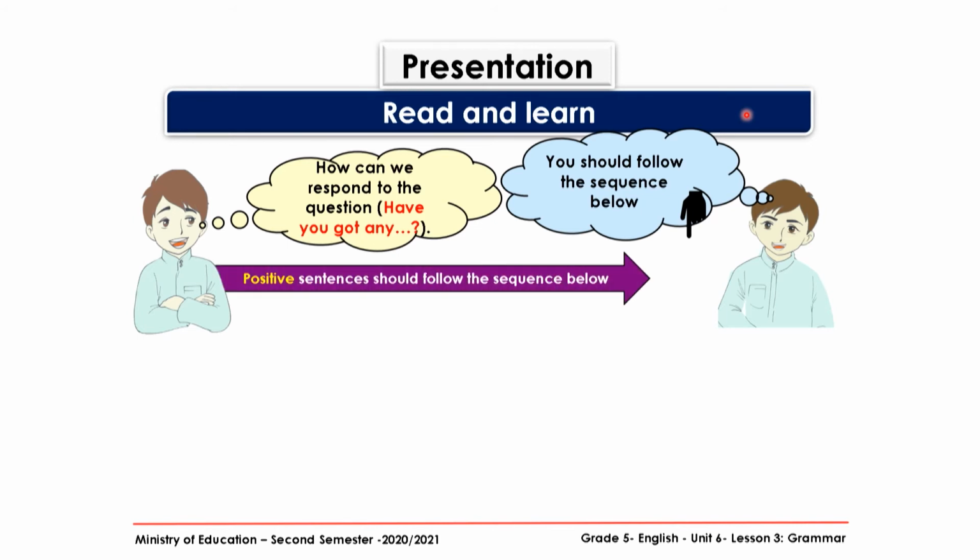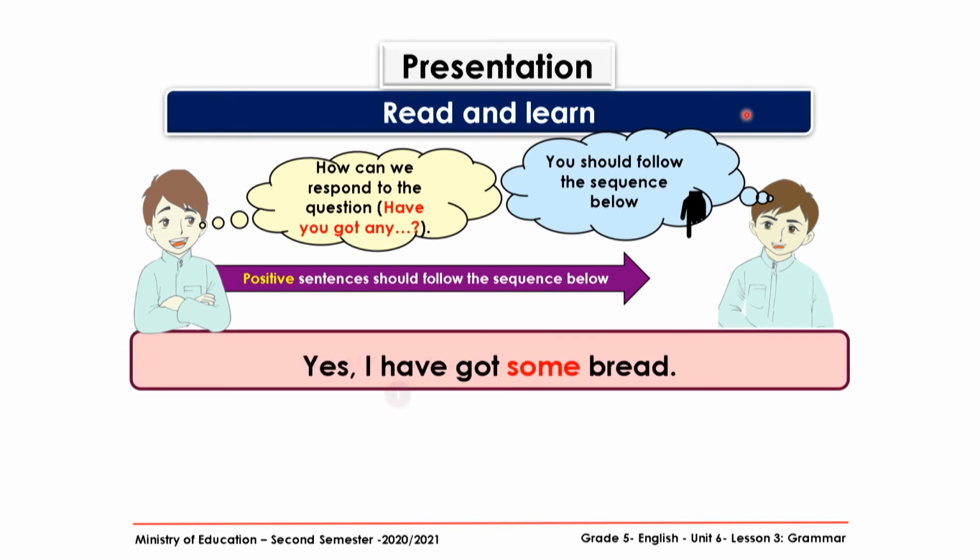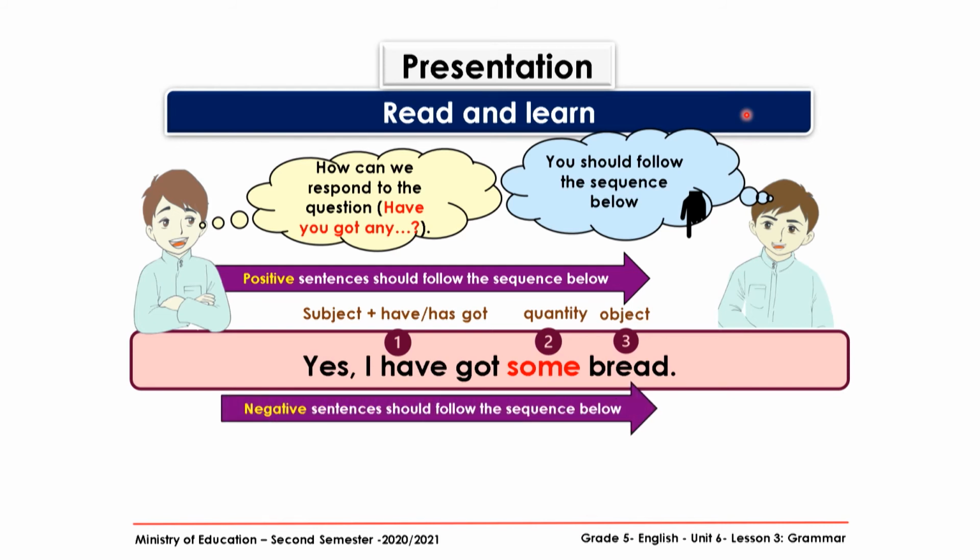For positive sentences, we should start with yes, comma, then the subject I, she, he, they, then we put have got or has got, then we write the expression of quantity, which is some, and then we write the noun or the object.